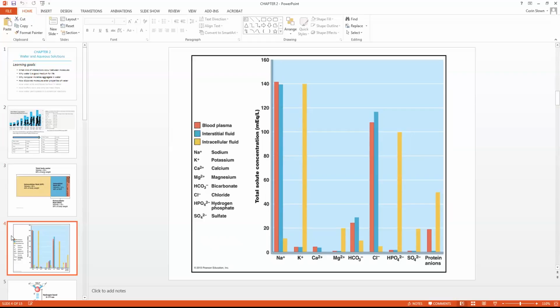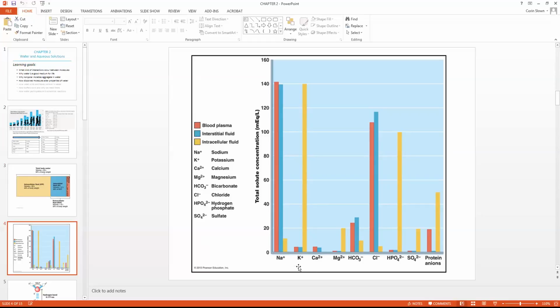So if, for example, we take a look at sodium, sodium is present in a significant amount in both blood plasma and our interstitial fluid. So you have a lot of sodium in your extracellular fluid, whereas by comparison, you have relatively little sodium in your intracellular fluid.